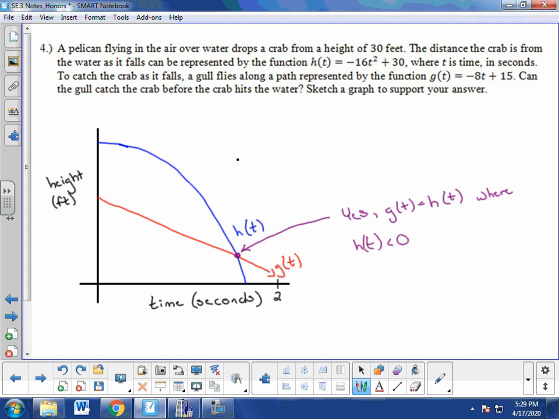So it's going to happen before the crab hits the water, which would be 0. It didn't really ask for reasoning. You could just say yes and point to that intersection on the graph, but there's some reasoning behind that. So again, we're setting up graphs to help us solve these systems of equations, not looking for a solution, just if a solution exists.